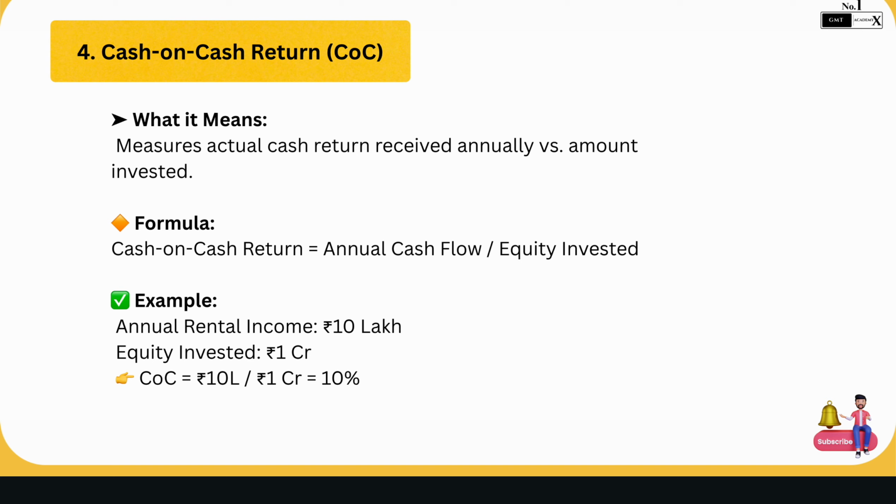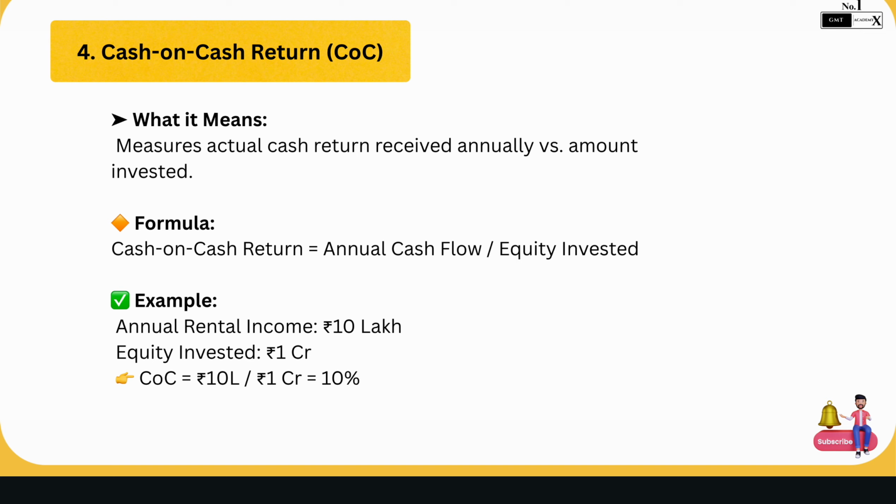Then another important indicator is cash on cash return. It measures the cash return received annually versus the amount invested. The formula is annual cash flow divided by equity invested. In this case, we are talking about annual cash flow, not inception to date.